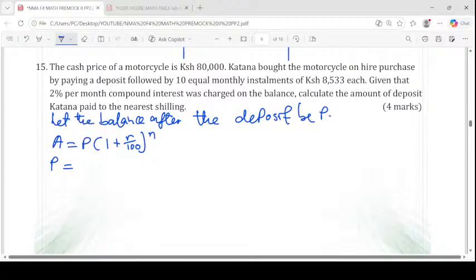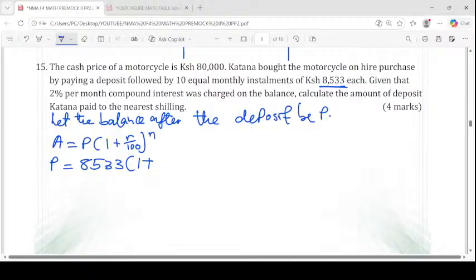So I'm going to say P is equal to, the principal is, the principal by paying a deposit followed by 10 equal monthly installments of 8,533. So this will become our principal, 8,533 into 1 plus, what is our rate?